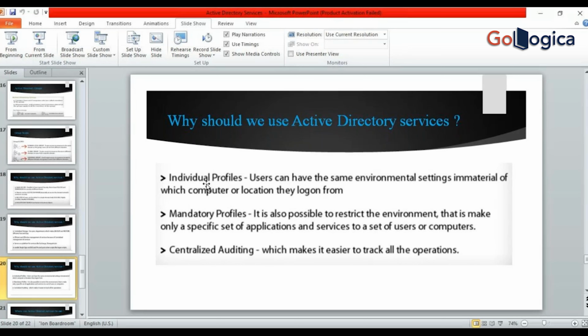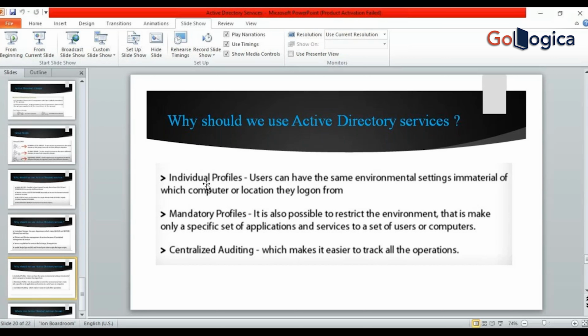Any individual profile can be maintained inside it, and some mandatory profiles can also be used. In Active Directory, your auditing purposes can be successfully traced. It is centralized information, so it is easy to maintain your operations also.